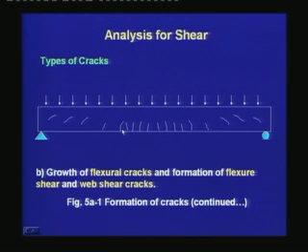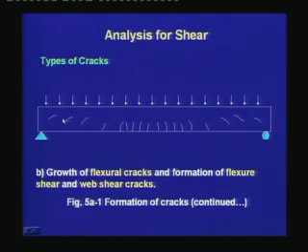Those are called flexure shear cracks. Such cracks are initially perpendicular to the bottom edge, but as they grow, they get inclined to the neutral axis.